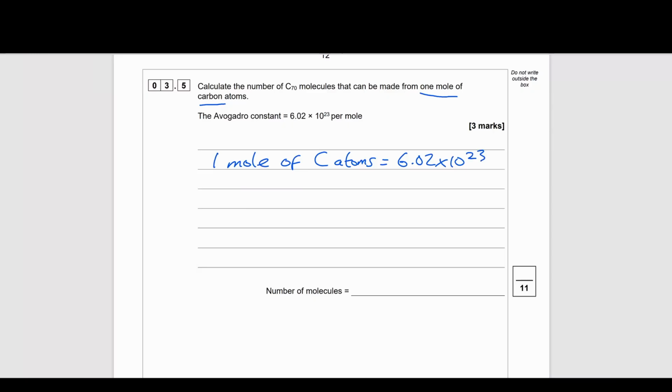It will be Avogadro's constant, so 6.02 times 10 to the power 23. So, we have a molecule that has 70 carbon atoms. So what we need to find out here is if we have got 1 mole of carbon atoms, we want to find out how many molecules of carbon 70 can be made from that mole of carbon atoms.